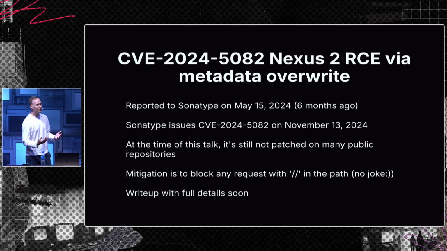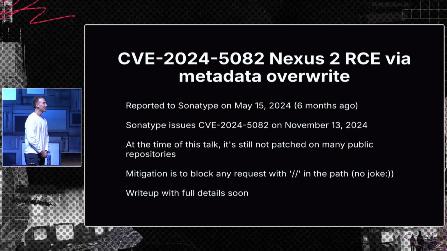So I cannot reveal full details on how we can achieve RCE in Nexus 2. But at least it's patched, and the interesting thing is that in order to mitigate this attack, if you're not able to apply the patch, you can just block the double slash in your request, and you'll be completely safe.